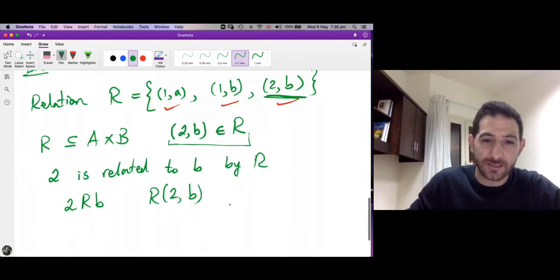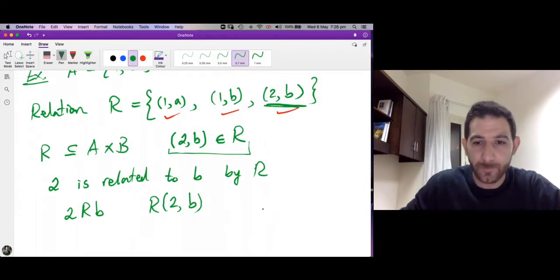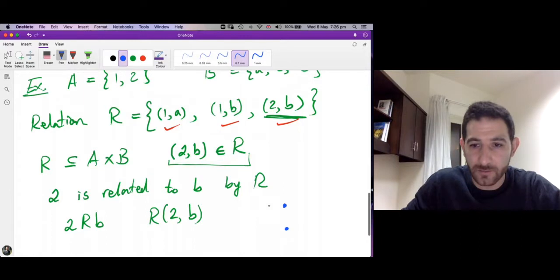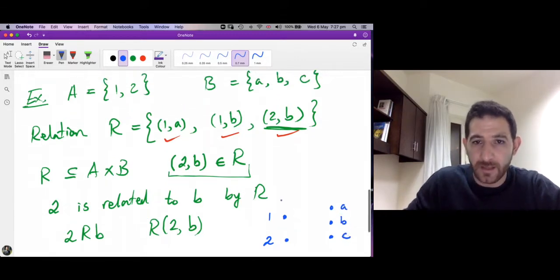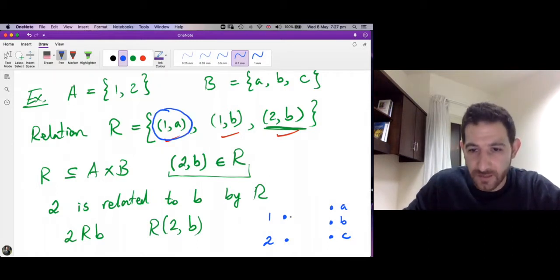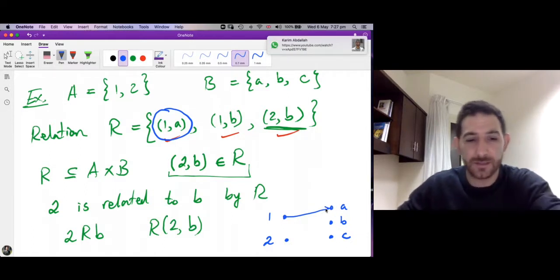But we can use the arrow diagram here to represent all the relation R. So let me do it here using the blue, say. So here we have 2 elements representing the elements of A, 1 and 2, and here we have 3 elements representing the elements of B, A, B, and C. Okay, and from this pair, we know that 1 is related to A, so we can use the arrow notation to represent this.